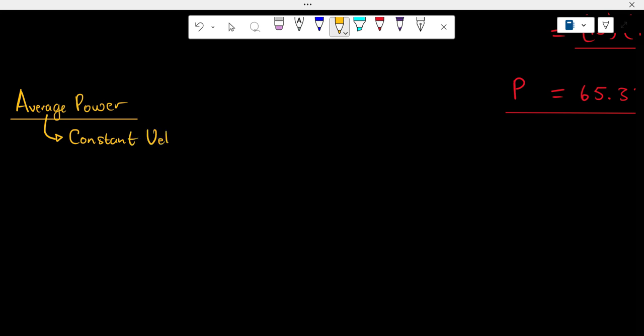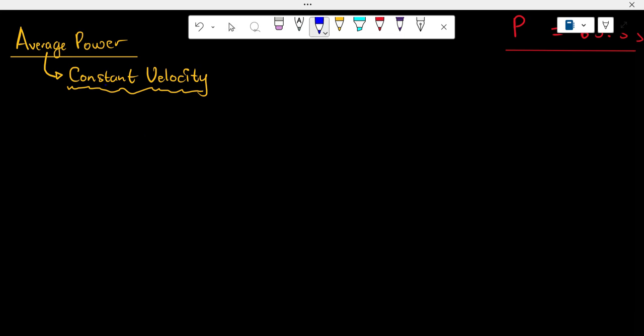So when we're looking at average power, the velocity that we will be working with does not change, ladies and gentlemen. So now please pay attention. We have the equation for average power, which says that the average power is equivalent to the force times the average velocity, right? Please keep that in mind.